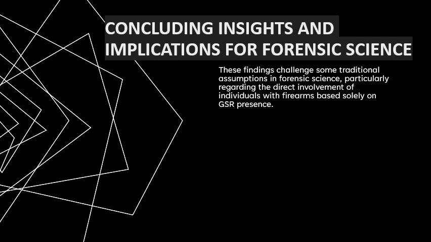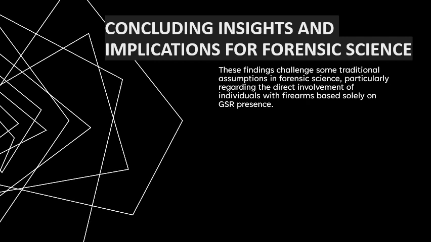So I have to emphasize that the study conclusively demonstrated the potential for secondary transfer of GSR, showing significant transfer through direct human contact and interaction with objects, specifically firearms. Okay, it does highlight the variability in the quantity of gunshot residue and size of the particles transferred across different scenarios, including the presence of unexpectedly large particles during personal interactions such as handshakes.